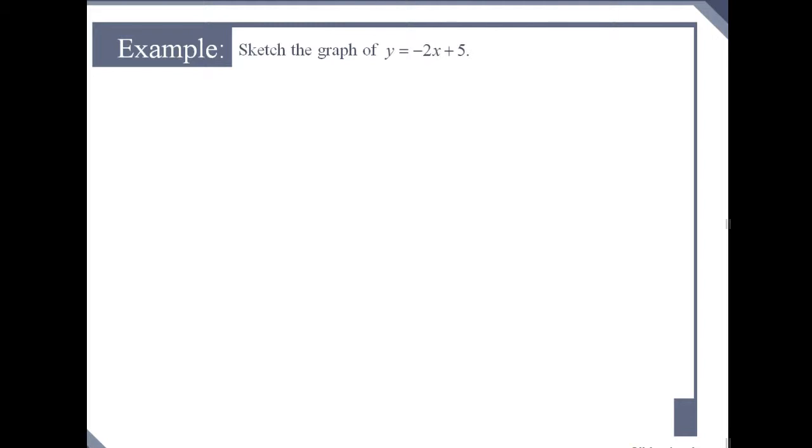So we're starting in the official slides of the PowerPoint, where they're asking us to sketch the graph of this equation. Generally, when you have something like this, the strategy is to make a little t-chart.